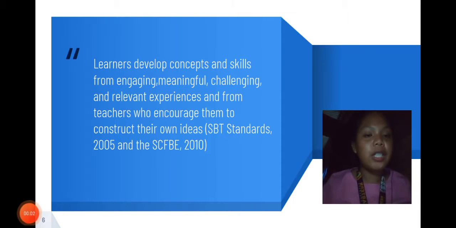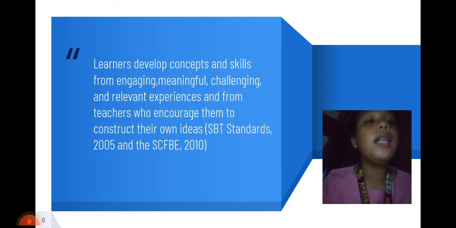And the last principle, which is learners develop concepts and skills from engaging in meaningful, challenging, and relevant experiences and from teachers who encourage them to construct their own ideas. In this principle, effective teaching strategies make learning interactive and relevant.